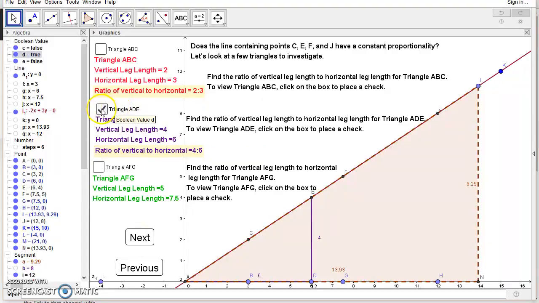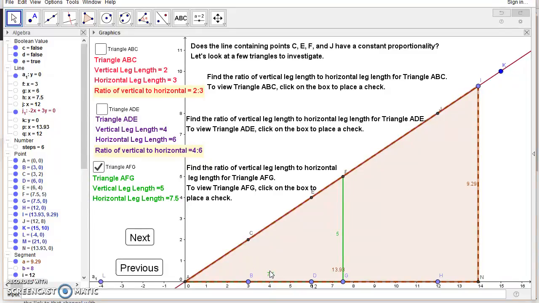Okay, so now let's uncheck triangle ADE. It says find the ratio of vertical leg length to horizontal leg length for triangle AFG. To view triangle AFG, click the box to place a check. So I'm placing a check. I'm going across the bottom. The horizontal leg is 7.5. My vertical is 5.